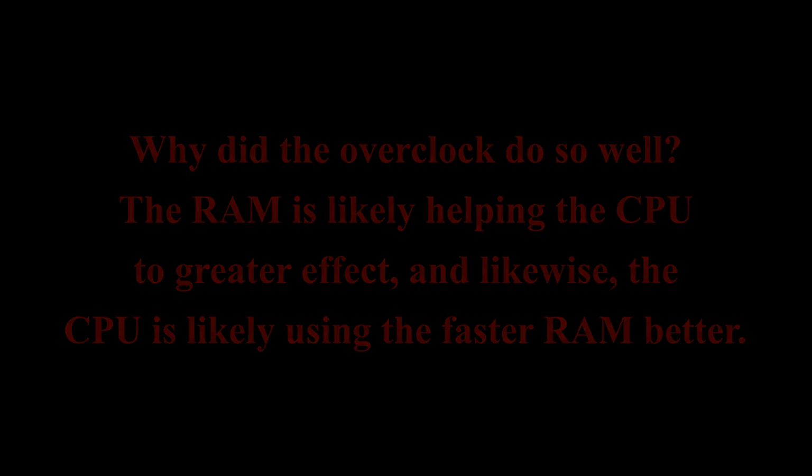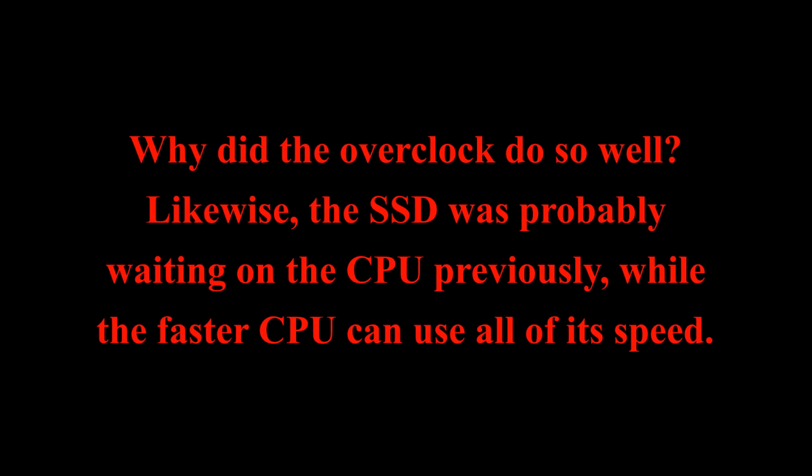And two, because the SSD transfer speed was probably massively oversaturating the lane width compared to what the CPU could actually draw from, the drive was probably waiting on the CPU a lot of the time so that it could send more of its own data. But by having the CPU running faster, not only could it crunch the data it received quicker, it was also probably grabbing more chunks of information quicker.